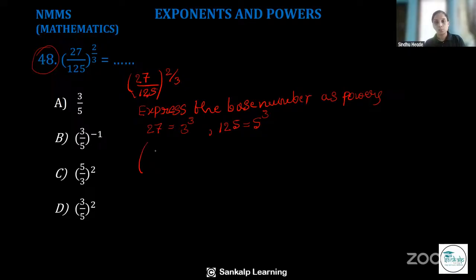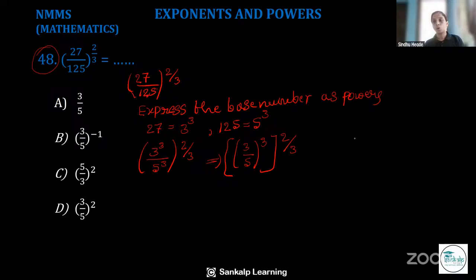Apply this in the given expression. In the place of 27, it is 3 cube, divided by, in the place of 125, it is 5 cube, whole to the power 2 by 3. We can write it by taking one more bracket, as 3 by 5 both contain the same power, so we can take it as a whole power: (3 by 5) whole power 3, and this whole term power is 2 by 3. Again, as per the rule, (a raised to m) raised to n is equal to a raised to m into n.